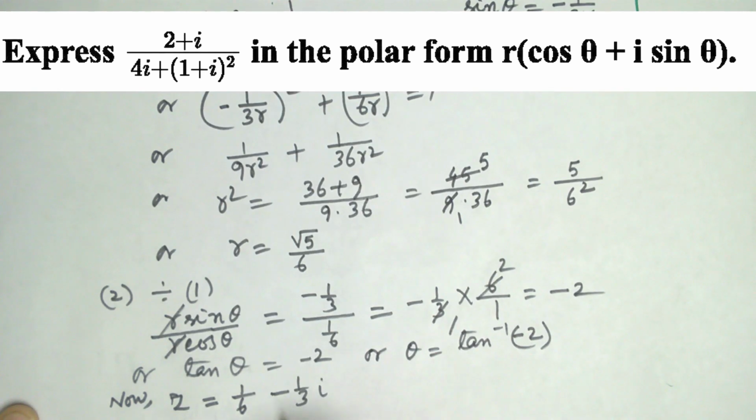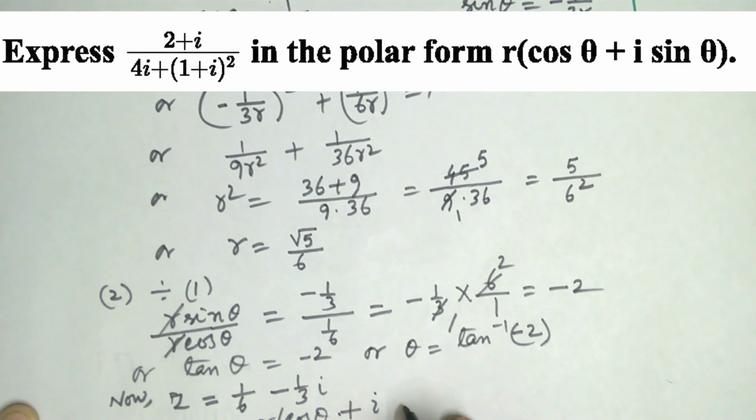Z is equal to 1 by 6 means r cos θ, taking out r common, minus 1 by 3 is equal to r sin θ, i, that is sin θ.